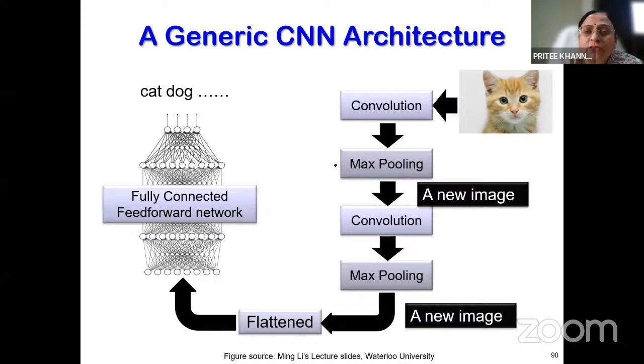So now this is your generic CNN architecture. Again the same is repeated here: convolution, max pooling, convolution, max pooling, many will be there. At each stage, that is why I was showing you the activation maps, after every step you will get a new image.